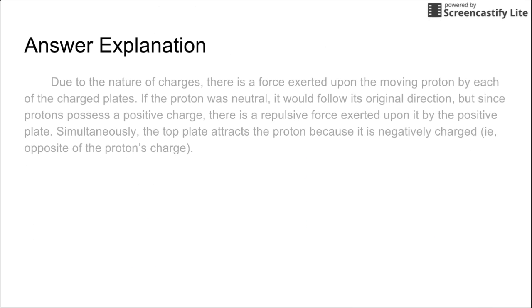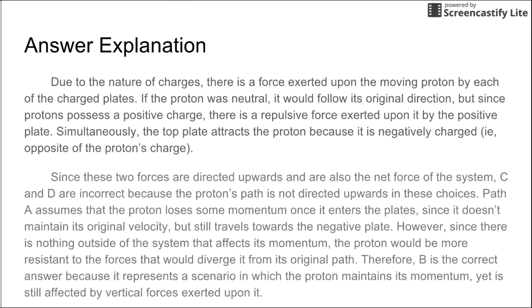So to explain, I've written a big explanation. Feel free to pause and read that if you want. I'm just going to paraphrase what actually happens. Because there are electric forces applied to this particle, it's going to move in the vertical direction.